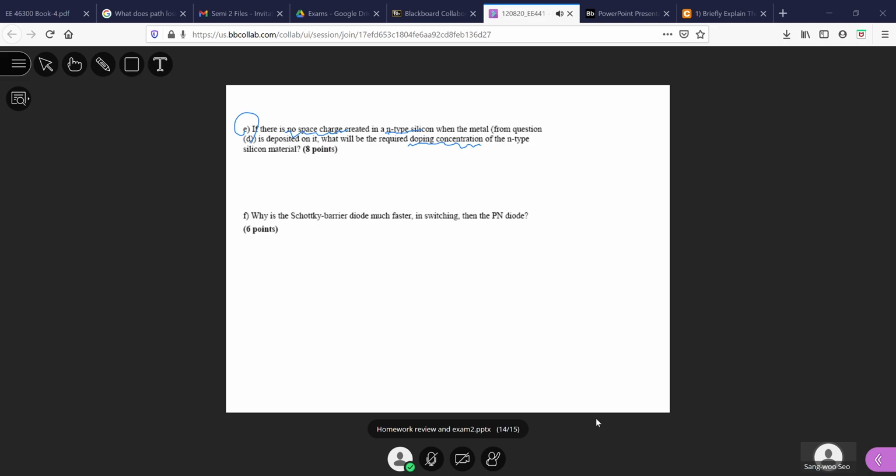So as you know, to have this condition, the metal work function equals your semiconductor work function. Okay. So for this condition, you will not have the space charge region or depletion region in the semiconductor. So for this case you can have the required metal work function.